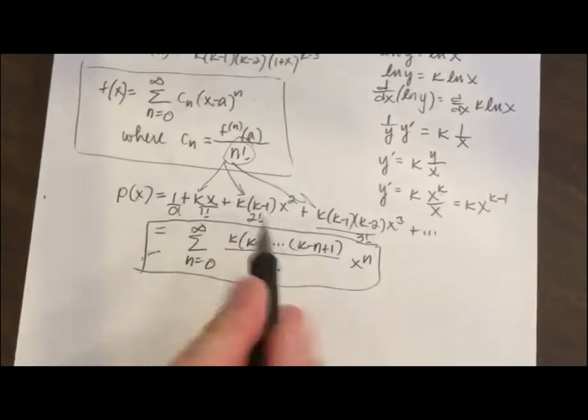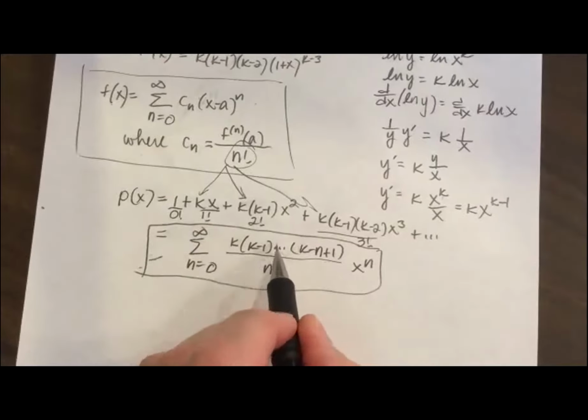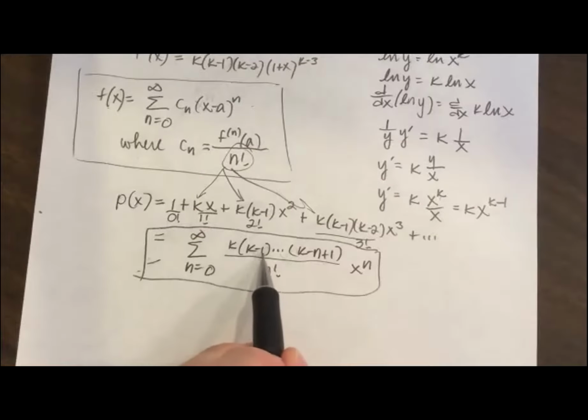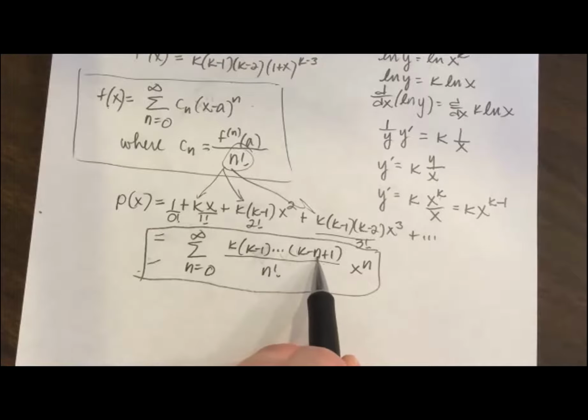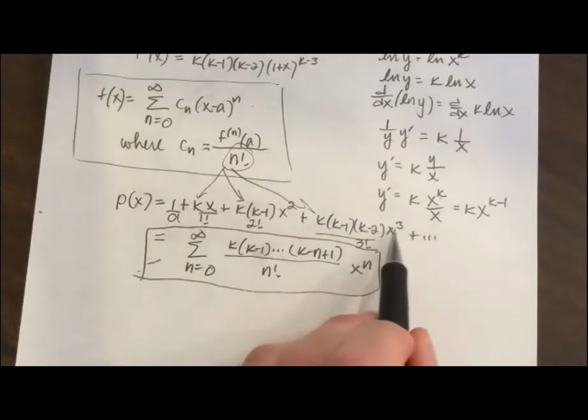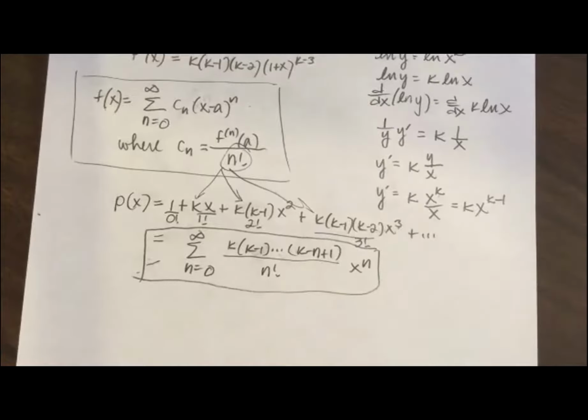But look at this dot, dot, dot. This is a product. I'm multiplying k times k minus 1 all the way down to k minus n plus 1. So I'm stopping 1 before the n. So yeah, that's a weird notation. The whole point of the sum was to kind of get rid of the dot, dot, dot.